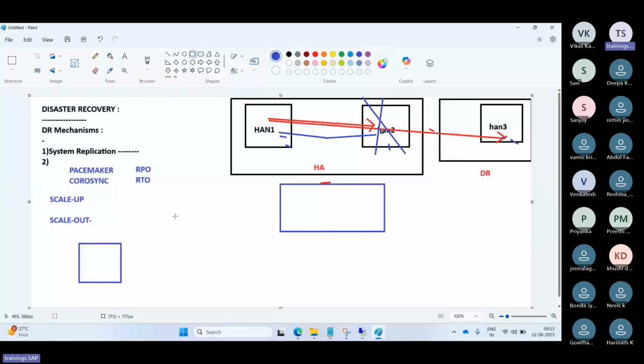We can deploy the HANA system there as well. This is the on-prem HANA database, and this is the HANA Cloud HANA database. We can deploy both.